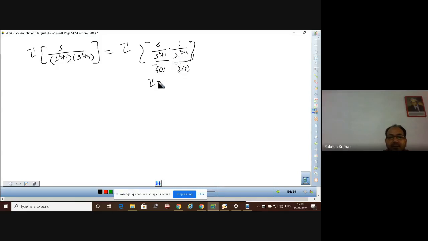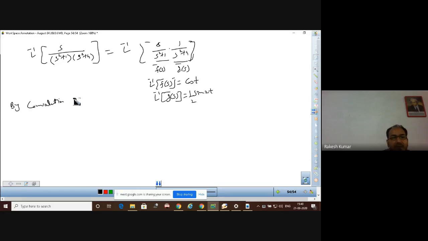Do you know that the Laplace inverse of f bar s is clear? That is cos of t, and the Laplace inverse of g bar s is 1 over 2 sine 2t. You can apply the convolution theorem.